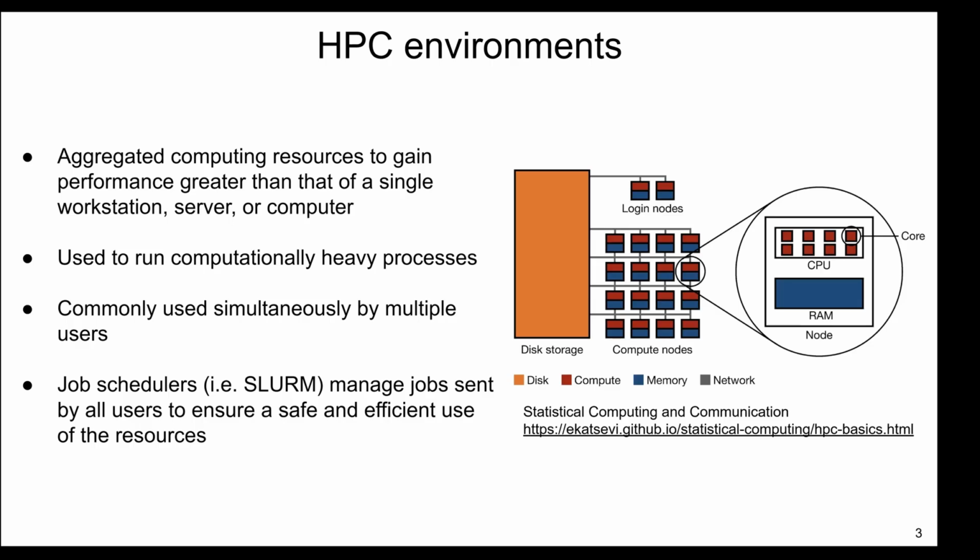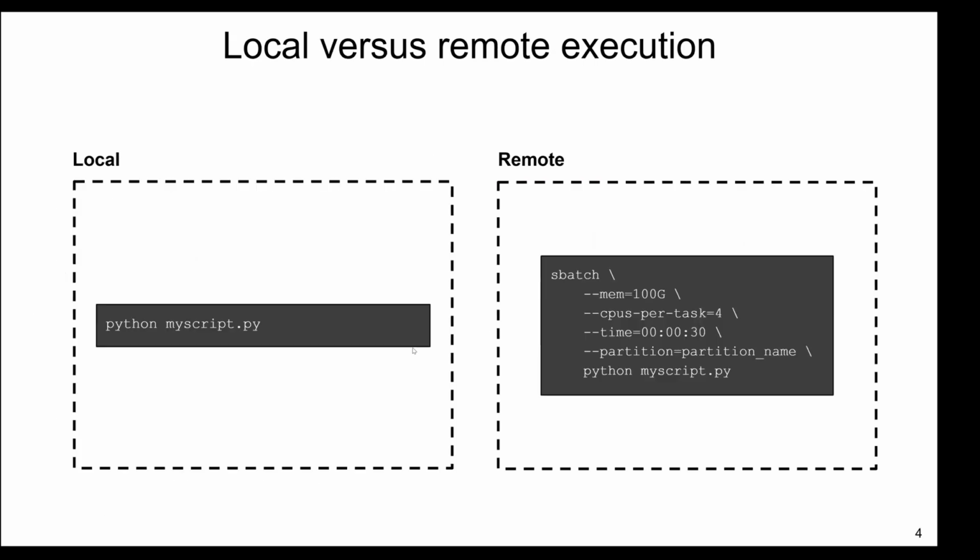The idea is to minimize the downtime of each node. Using Snakemake on an HPC will require a few extra configuration steps like RAM usage, number of CPUs, runtimes, and so on. That being said, you will see that it's not that hard and you don't have to change that many things.